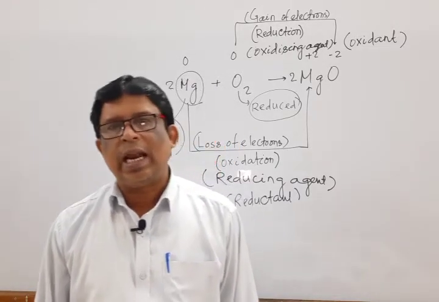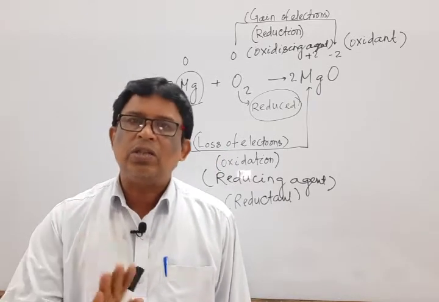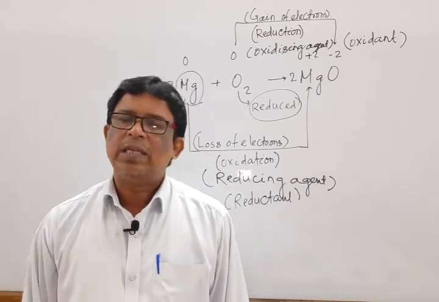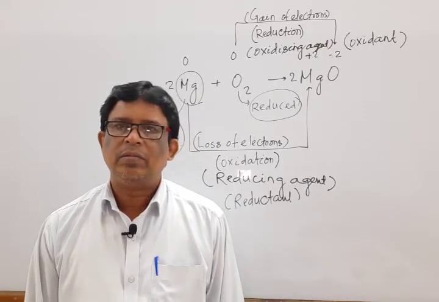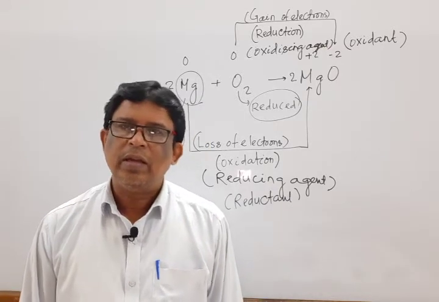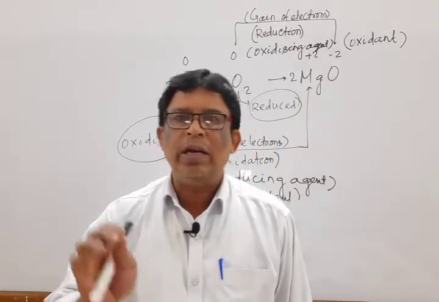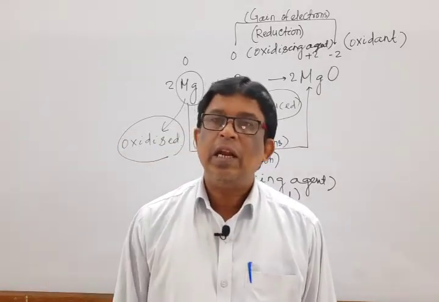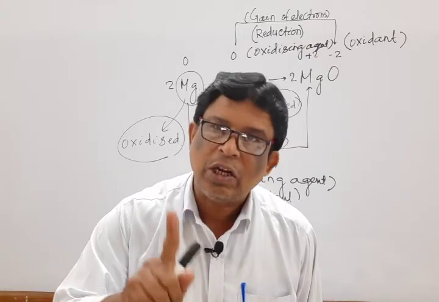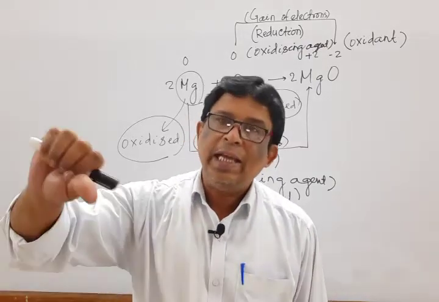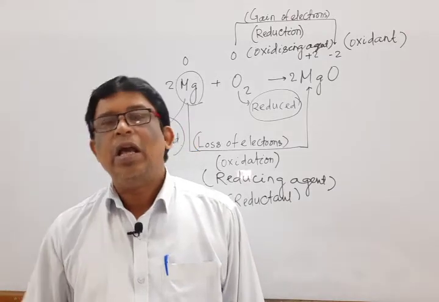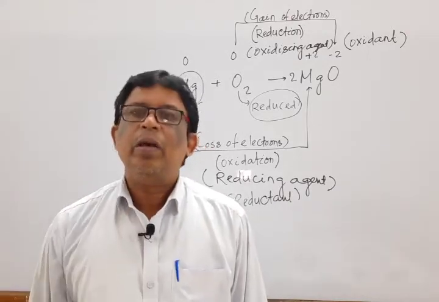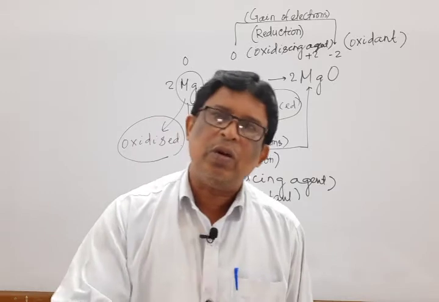Then two cases arise. One is the reaction going on in acid medium. The second one is the reaction going on in alkaline medium. If the reaction is going on in acid medium, then balance the oxygen atom first by adding water to the deficient side, and then balance hydrogen by adding H plus ion to the deficient side.